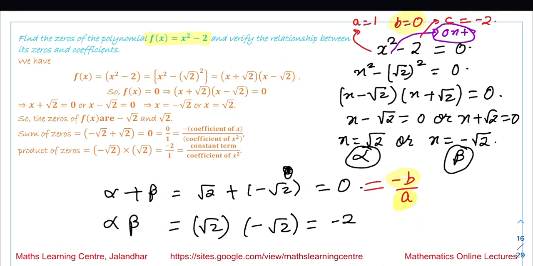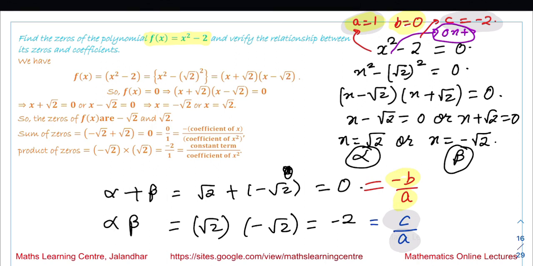The value of A we have is 1. And next we are saying this is equal to C by A. The value of C that we have is minus 2, and the value of A that we have is 1. So we are saying that we have verified the relation between the zeros and the coefficients.